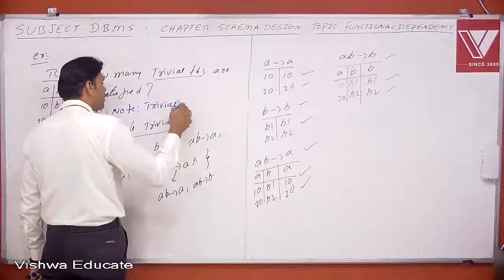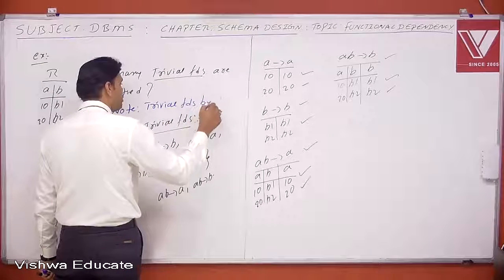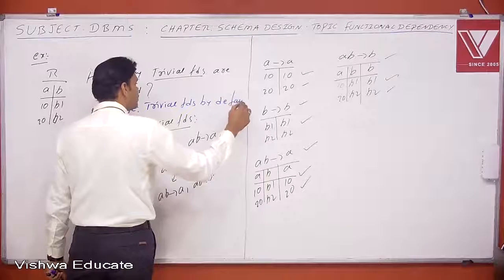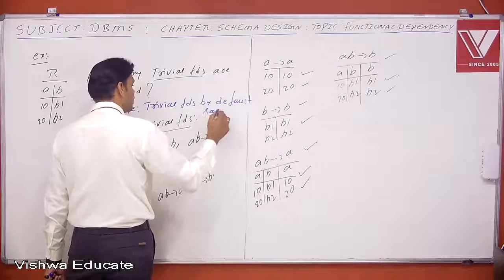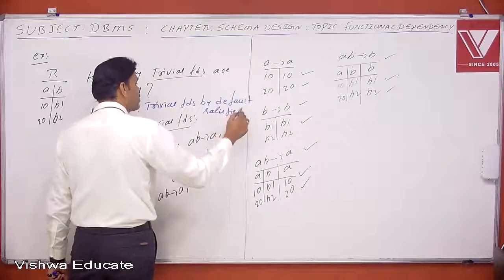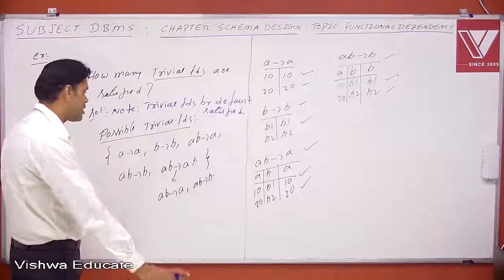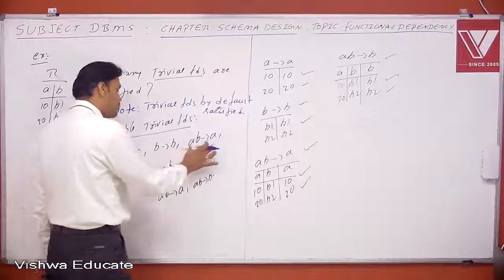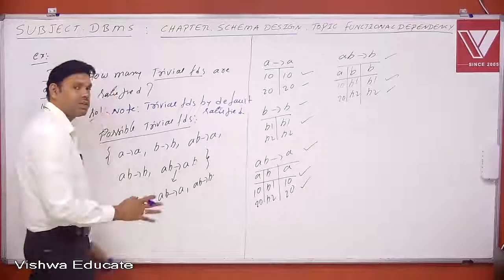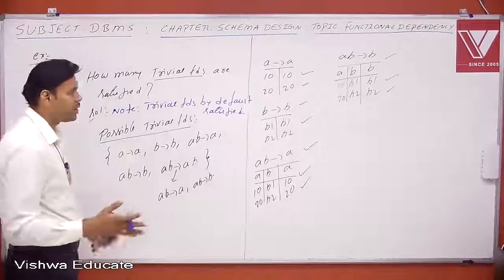Trivial FD is by default satisfied. You need not check like this. So blindly you can say all possible trivial functional dependencies are by default satisfied.